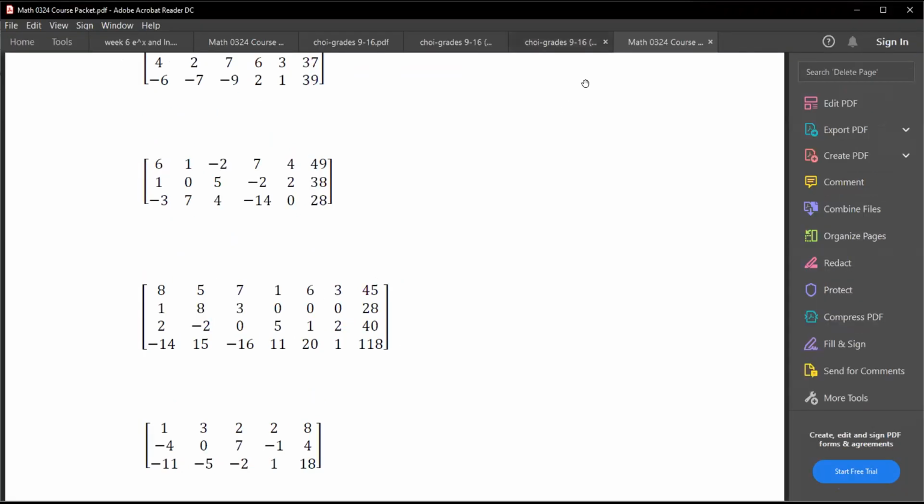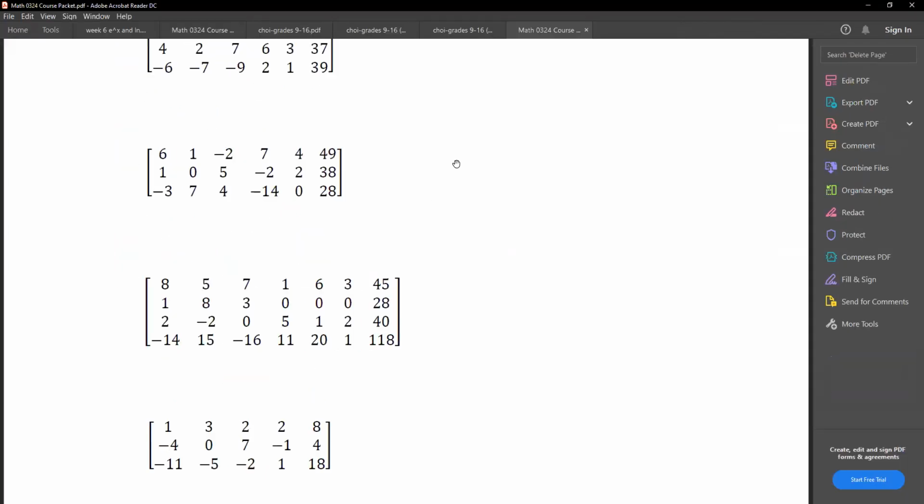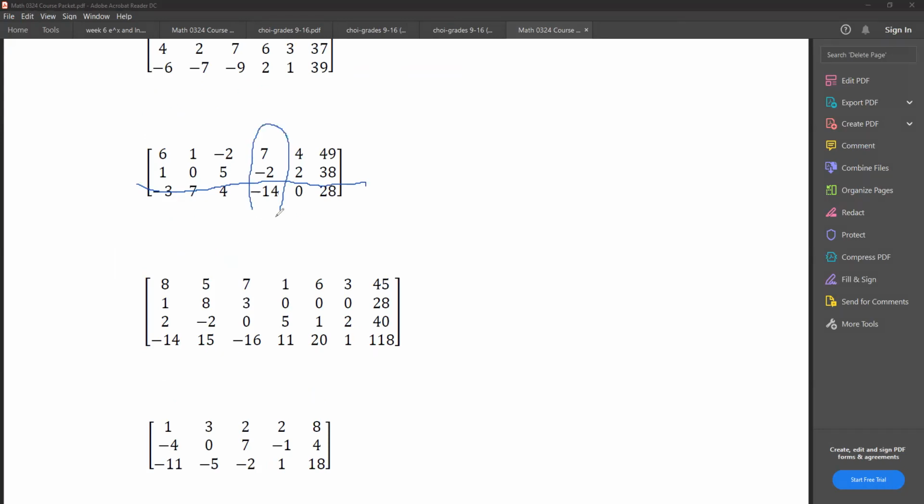Let me do this real quick. There we go, and let me get my pen up. The first thing I'm going to do to find a pivot point is look at the bottom row. The most negative number occurs right here, so that's my pivot column. I'm going to do the ratios of everything above the bottom line. 49 divided by 7 is 7.